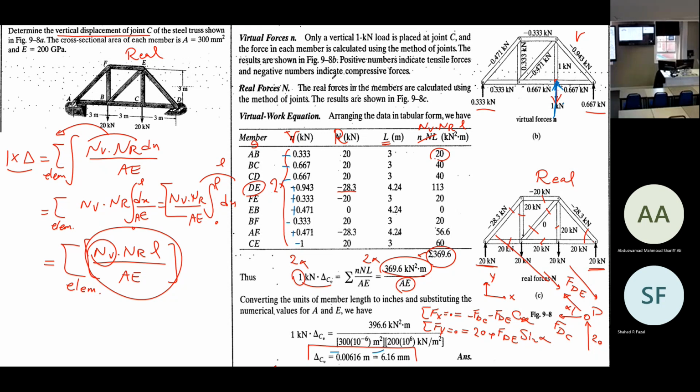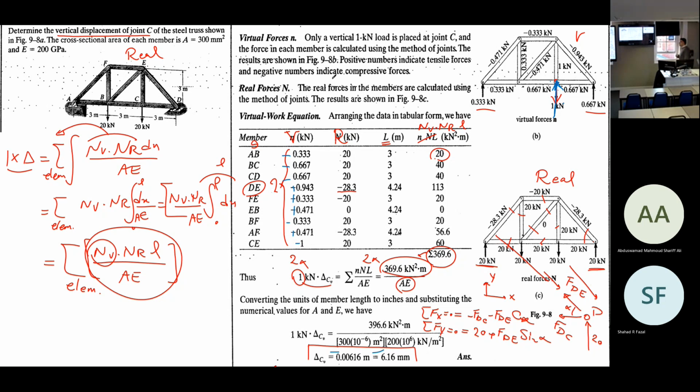Whatever you want. But whatever you get at the end for your deformation tells you the correct direction of the deformation. So if you put it like the blue one, you will get negative, which means it's coming down, not up. But if you put it like the red one, top to bottom, you will get a positive value at the end, which means you have done it correctly in the first place, and it is from top to bottom.